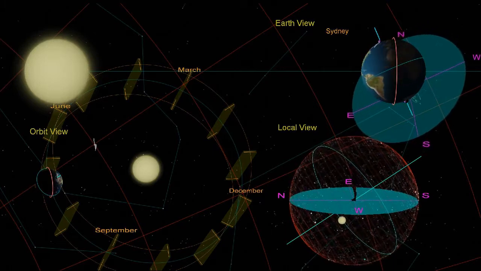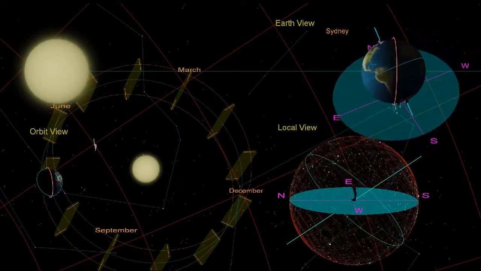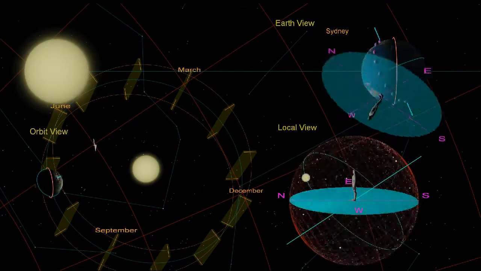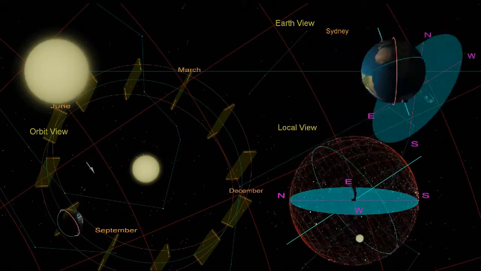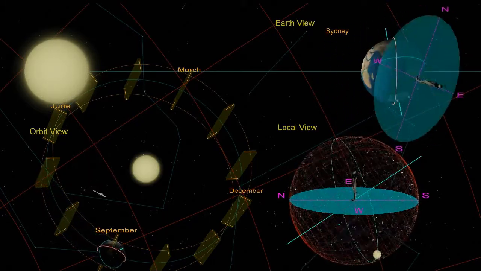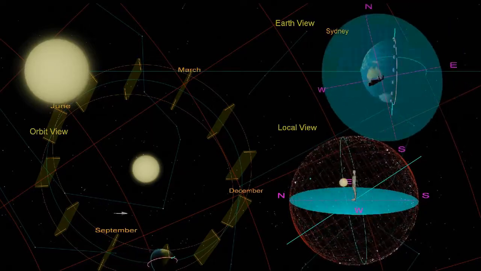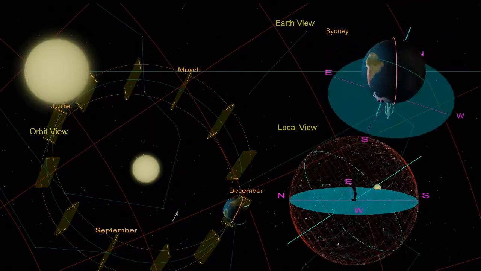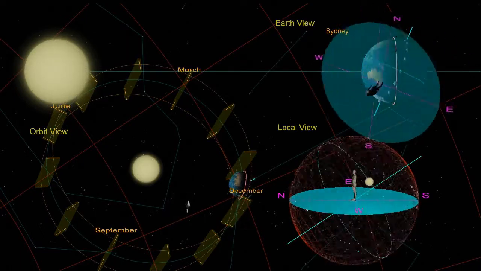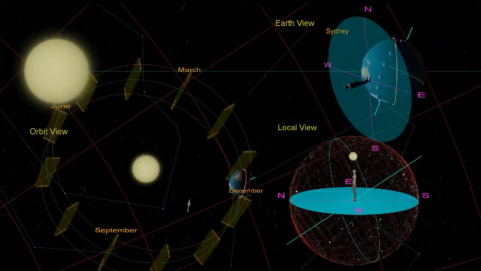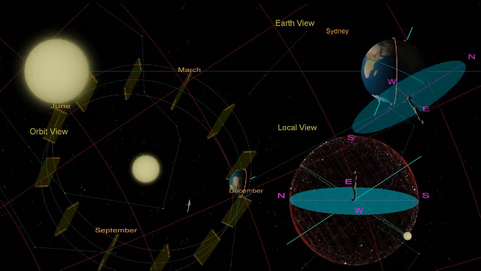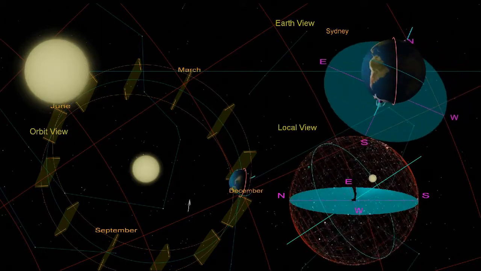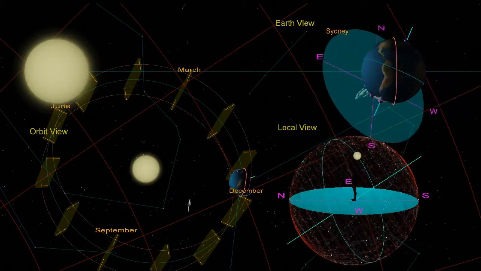Let's move to this figure's summertime. You can see in the local view the sun is starting to get higher and higher in the sky. And now it's taking a very different path, as seen by this figure in the local view.